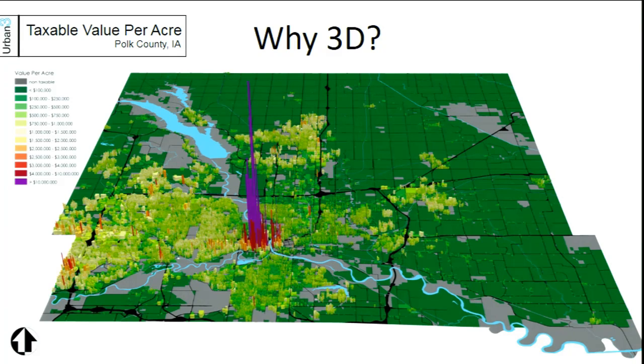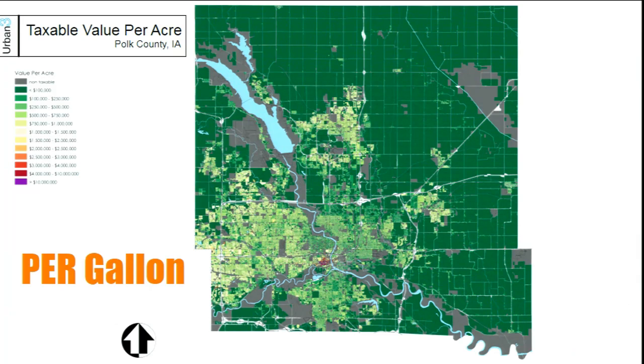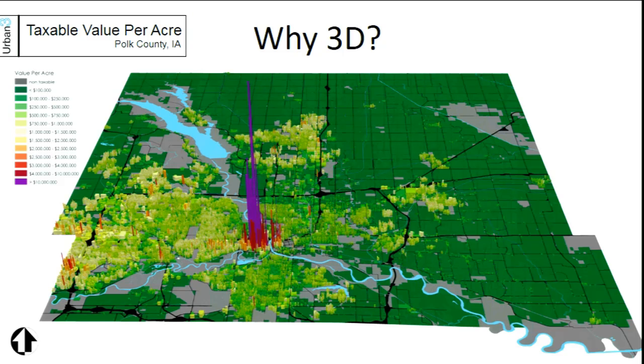Some of the other more practical advantages are that in our 2D map, it's not really possible to tell how much more purple one thing is than another. We're limited by the classifications that we have. But in 3D, we can see that everything purple is above $10 million per acre. Well, I can just tell you if I can read it. But you can't tell whether it's 11 million or 50 million.